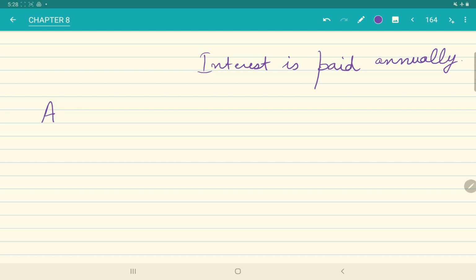If interest is paid annually, after T years this amount will increase to A times 1 plus P by 100 raised to the power T. And the point is, after T years, we need to make that payment, which is K. So after T years, this should be equal to K. Here I want to know what A is.